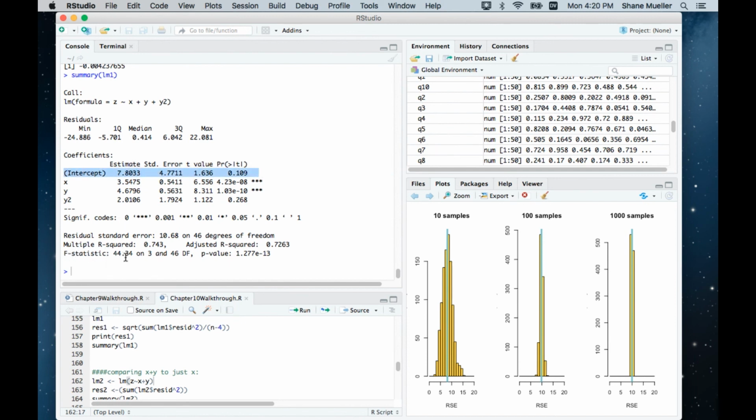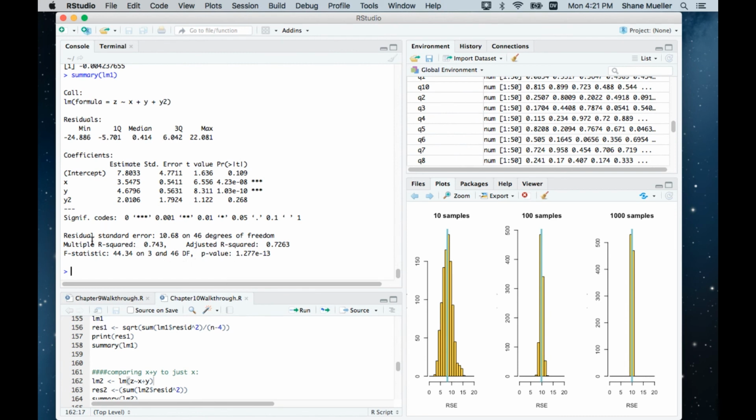And you can see that this is highly significant. It's sort of misleading, because you might say, oh, I'm going to do a test of the whole model, but that doesn't say that everything in the model is useful. In fact, we already know y2 is not useful. It just says, is the whole thing together useful compared to nothing?